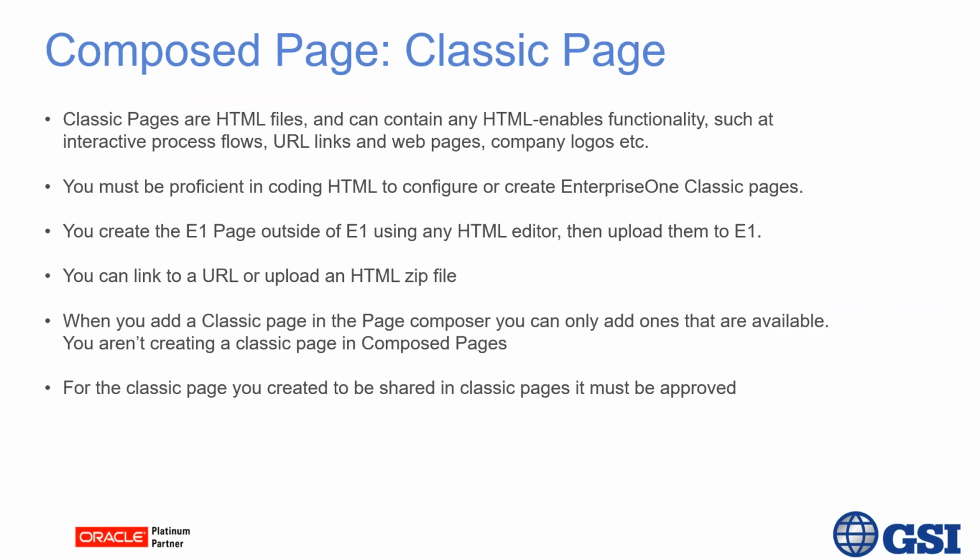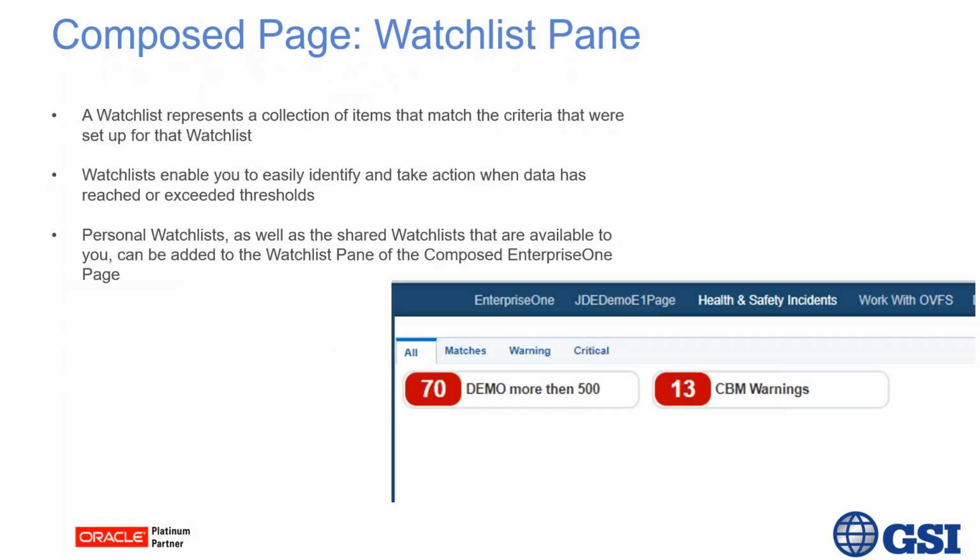Classic pages. I think you've seen the classic pages before. They were not always that simple to add, but if you've got them, you can still use them, not a problem. You can add them right in the compose page as well. Watch list pane. You have all these watch lists, but you can actually add a pane on your compose page with all the watch lists you have, or some that you didn't create, maybe some others that you have access to.